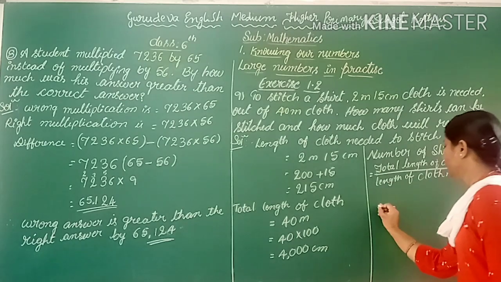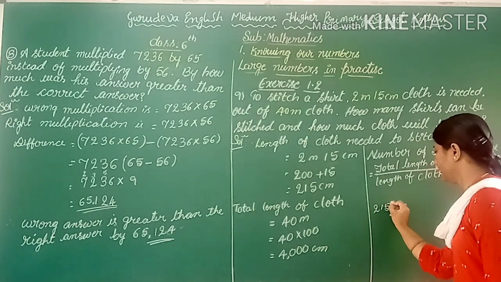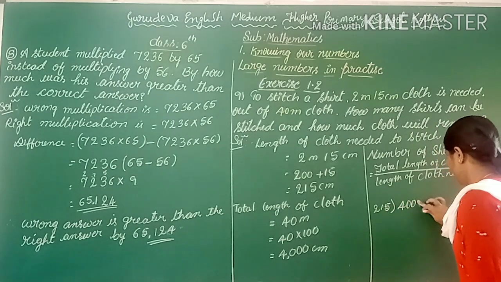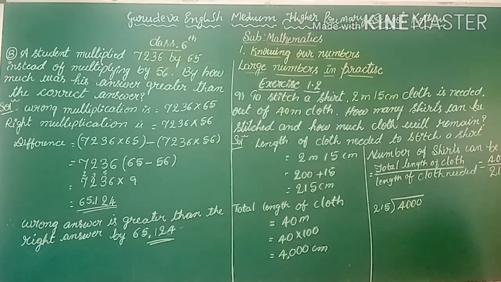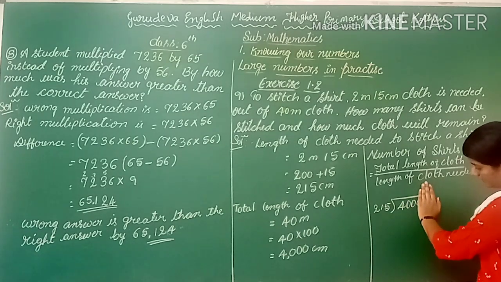Then divide here, 250 into 4000. Here there are the 3 digits, so we have to take the 3 digits.